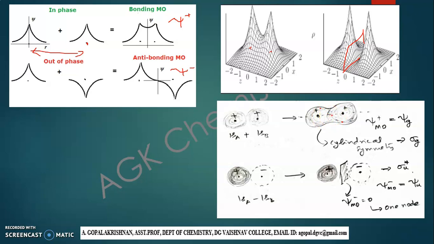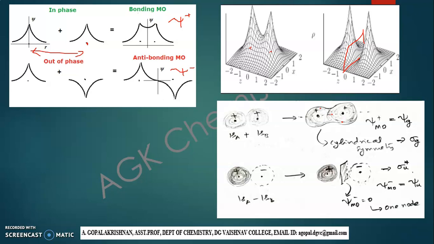Are you clear? Suppose I take a point here and another point exactly opposite to the center at the same distance, then if you do inversion, it never changes the sign of the wave function, because the entire molecular orbital has the same positive sign. Are you able to understand?